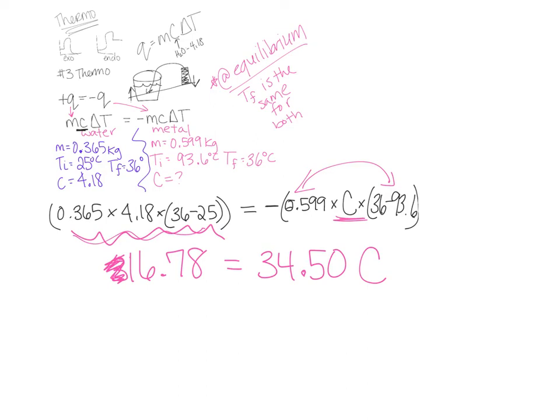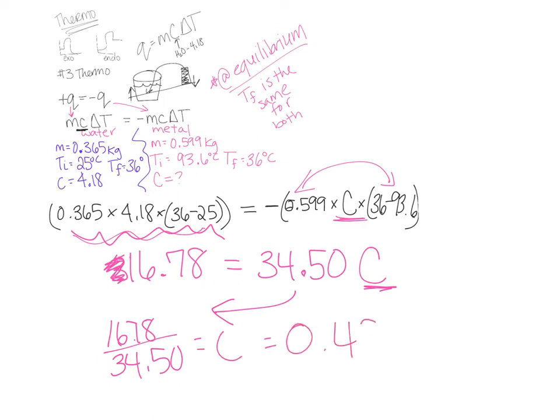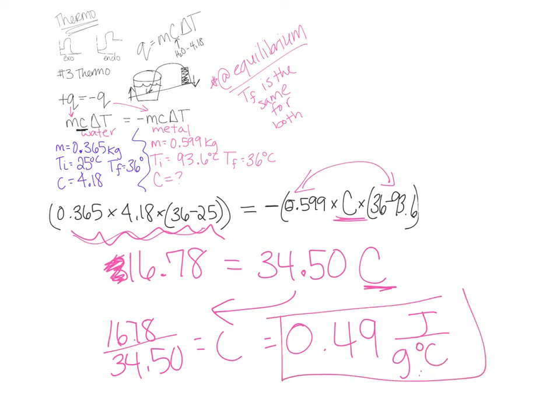Divide. Definitely. Who do we leave alone? We leave the C alone. Divide this one over. So you're going to have 16.78 divided by 34.5 is equal to that C, which will end up being 0.49 joules per gram degree Celsius. Okay? And that gram came from the water CP, if you're somebody paying attention to your units.